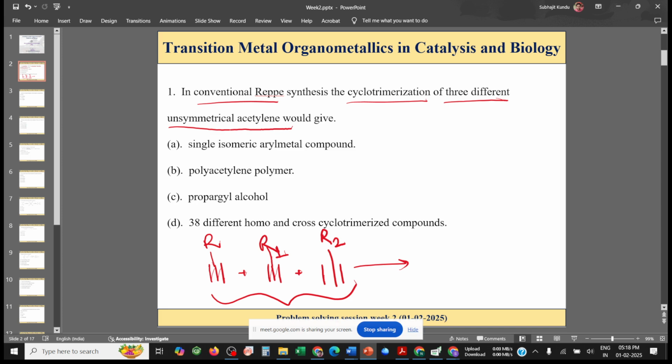The total number, if you calculate by permutation combination, will give 38 different homocoupled or cross coupled products. So this reaction is not very useful when you have unsymmetrical acetylenes.